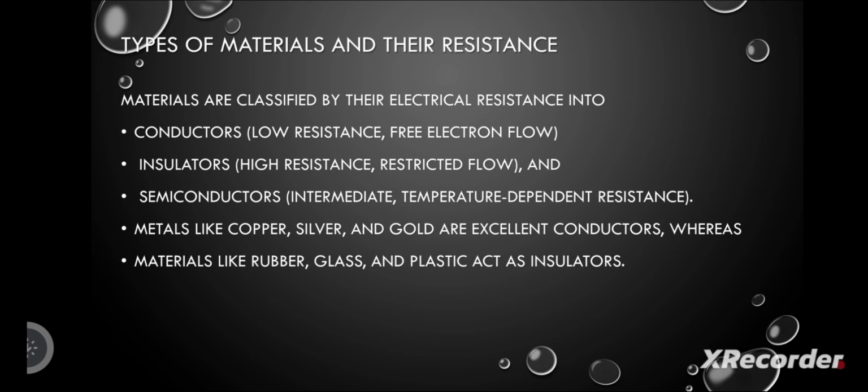A good conductor is copper, right? So copper has low resistance. When the resistance is low, it means the flow of current is more, as free electrons move in the opposite direction to the current flow in that circuit.